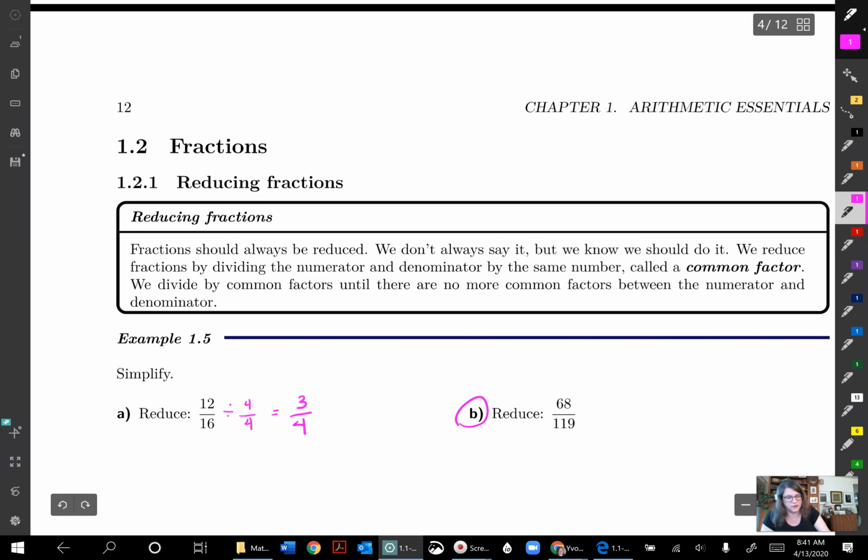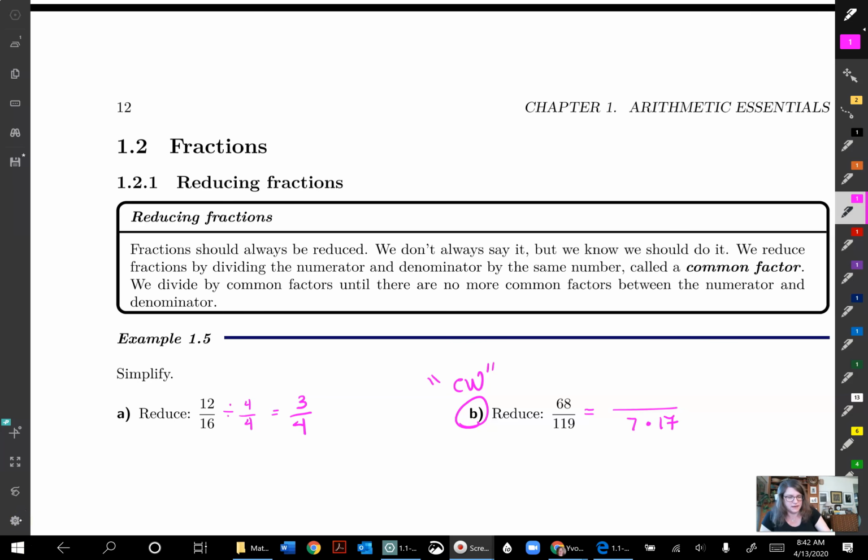See if you can do that. It's classwork. We're not really in class, virtual classwork. This one's a little tricky because of the bigger numbers, and you might not recognize the factors that go along with it, but 119 would actually break down to 7 times 17.